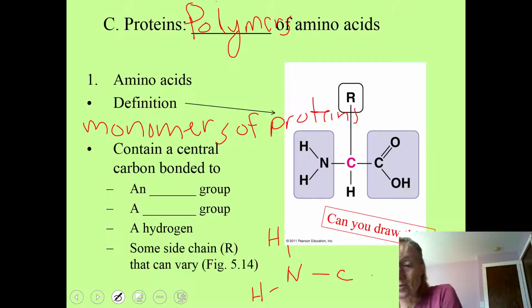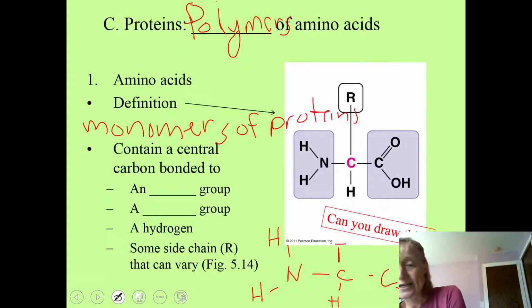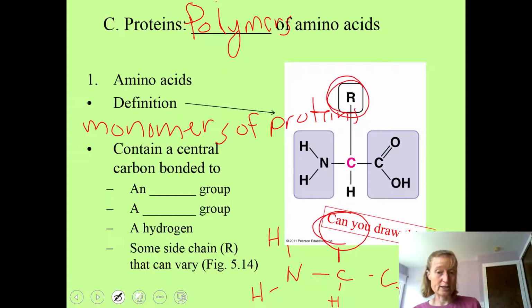Bonded to that central carbon is a carboxyl group. C double bonded to O bonded to OH, right? And a hydrogen. Bonded to that central carbon is also some other side chain. And that side chain can vary, so we put the letter R here in as a side chain.